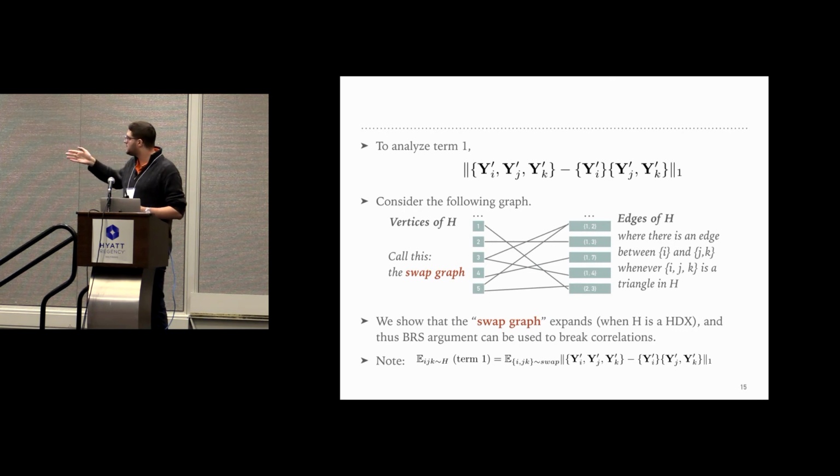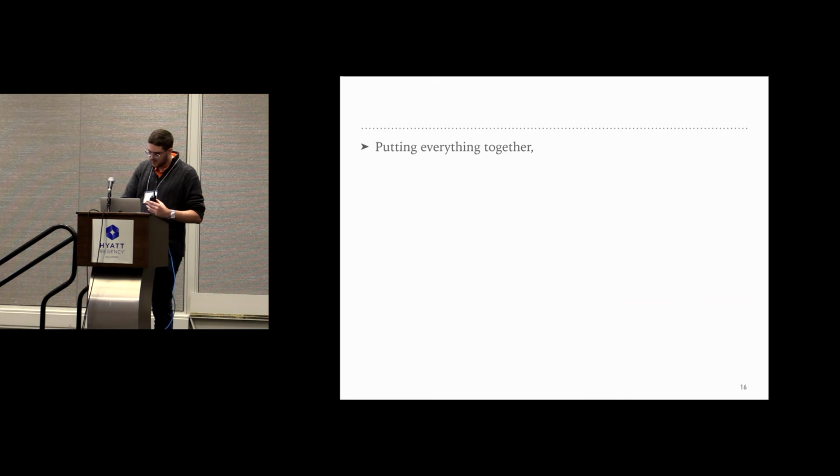So this is useful because after you symmetrize and take an average, the contribution of this term is just going to be a contribution over the edges of the swap graph. Okay, so if the swap graph is expanding, you're going to see that by the argument of BRS, you're essentially done. So let me just summarize. Let's put everything together.